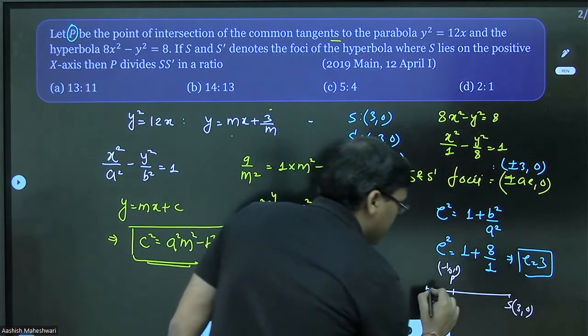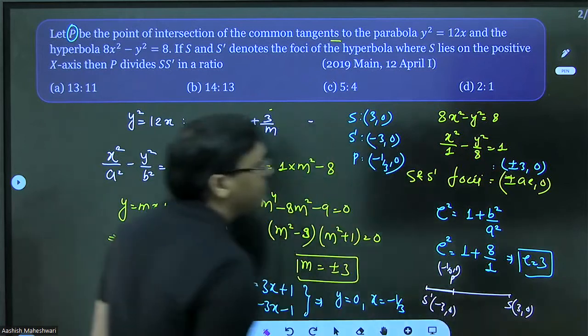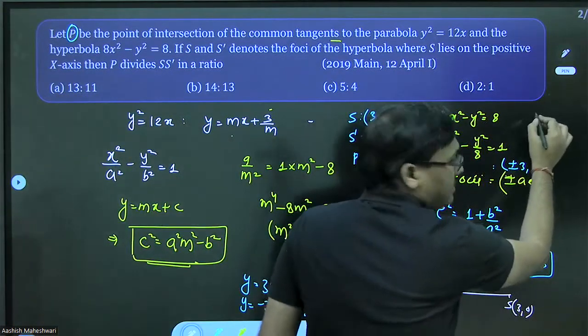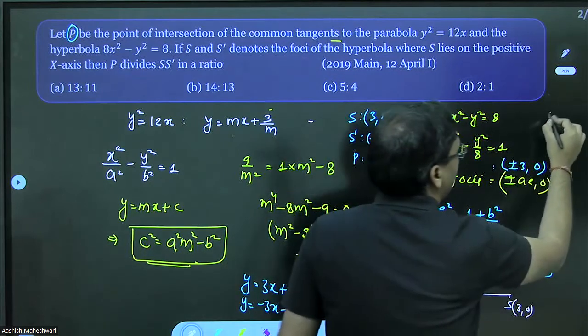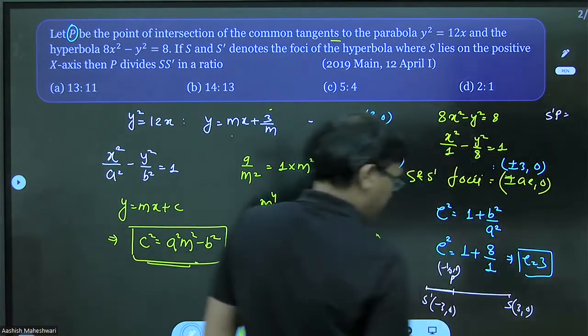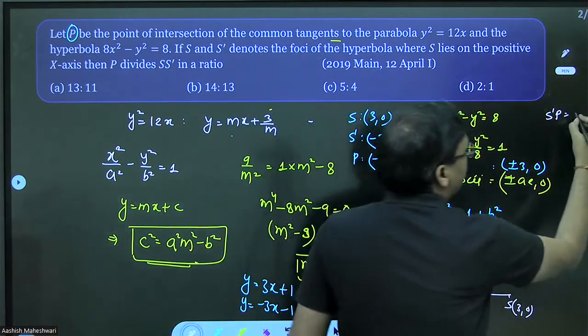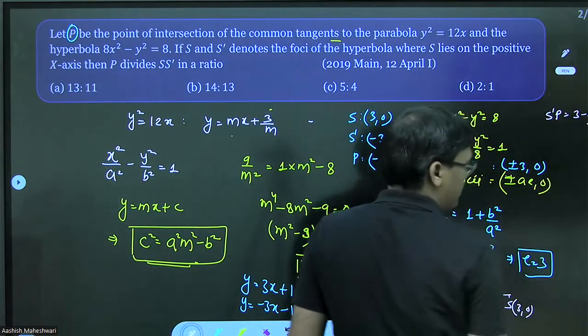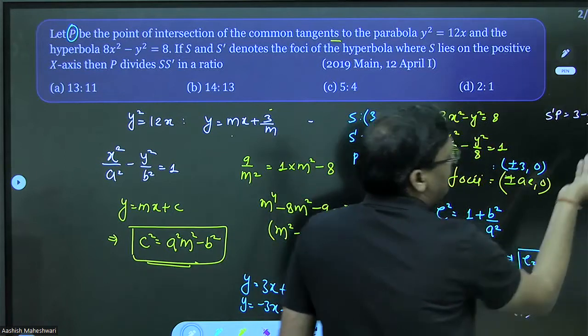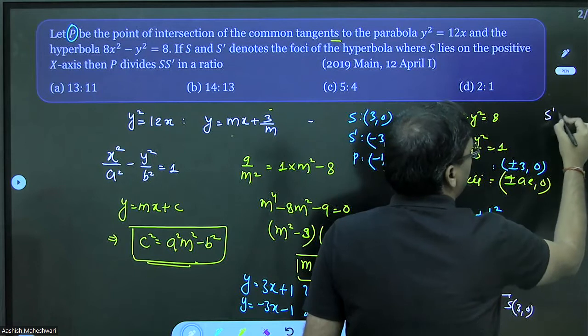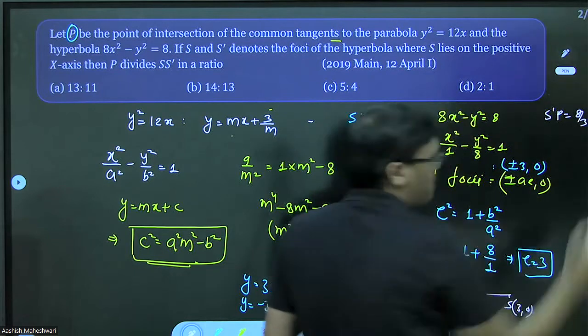So what is this distance? You can clearly see, S dash P, let me write it here. What is S dash P? I can subtract these two. You can see 3 minus 1 by 3. So what is 3 minus 1 by 3? This is 9 minus 1, that is 8 by 3. So S dash P is 8 by 3.